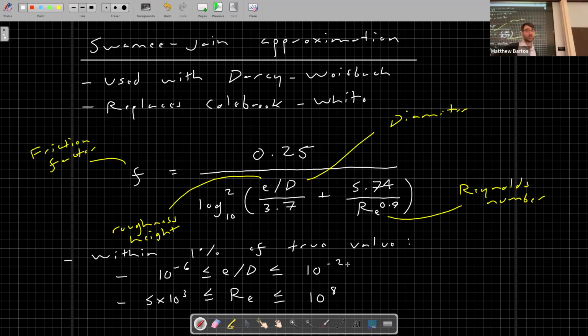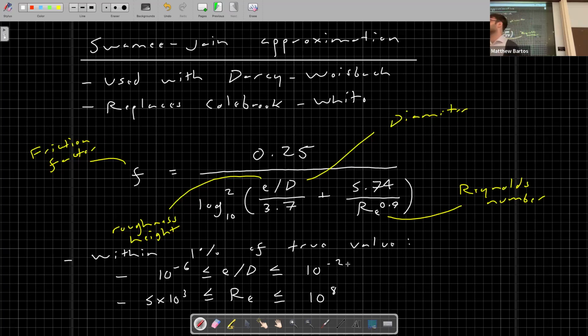So it's valid for a pretty wide range of roughnesses and Reynolds numbers. For almost all of the problems that we'll be looking at in class, this is a good approximation to Colebrook-White. So unless I say otherwise, you can use this equation for computing the friction factor in place of Colebrook-White.